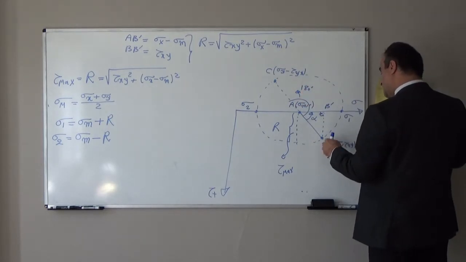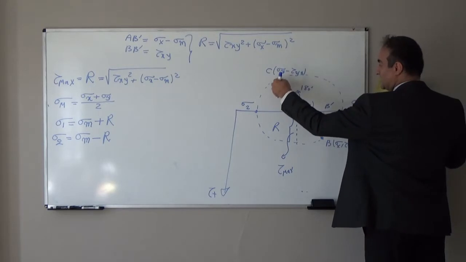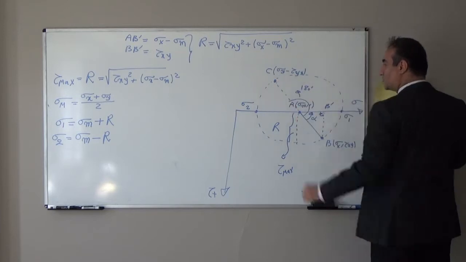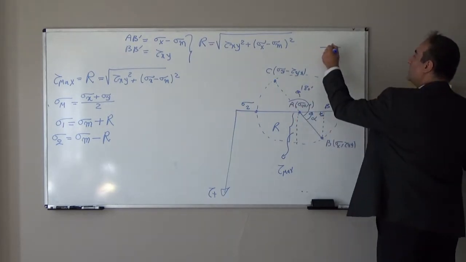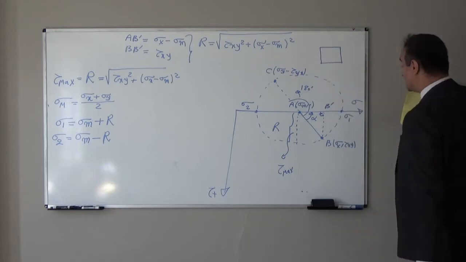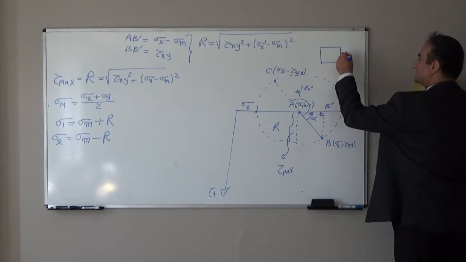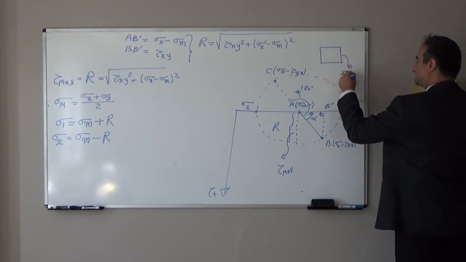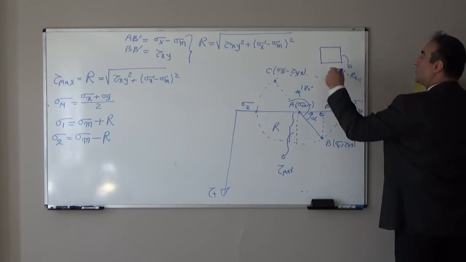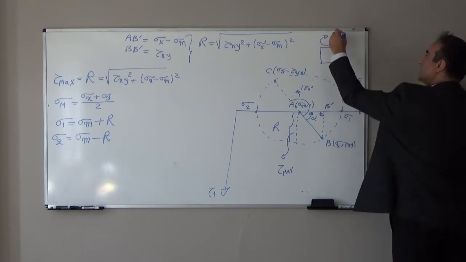If we rotate from point B counterclockwise 180 degrees, we will reach point C. Point B belongs to the stress on the x face, and point C belongs to the stress on the y face.